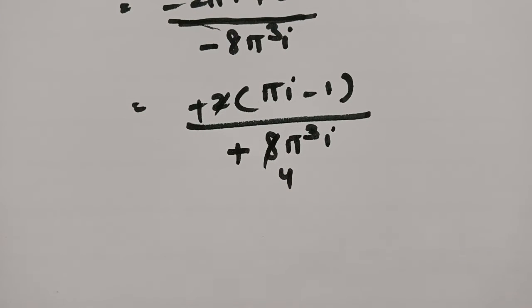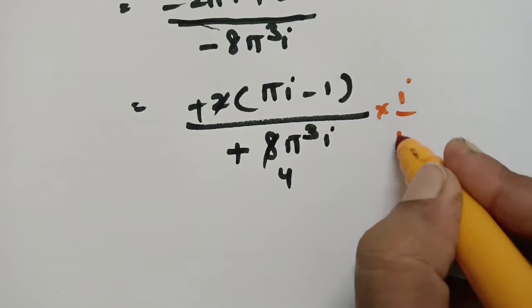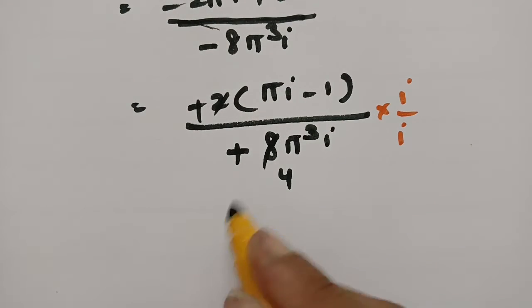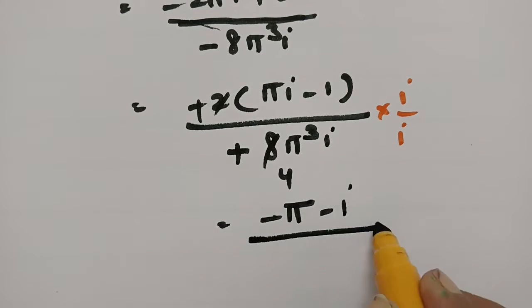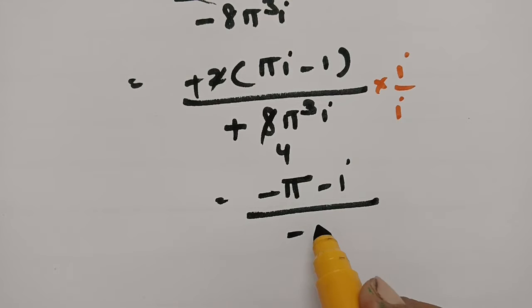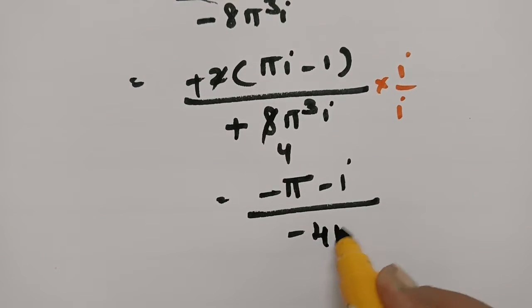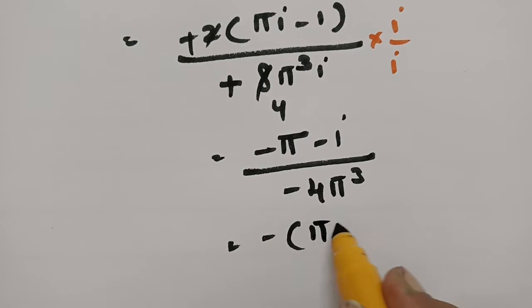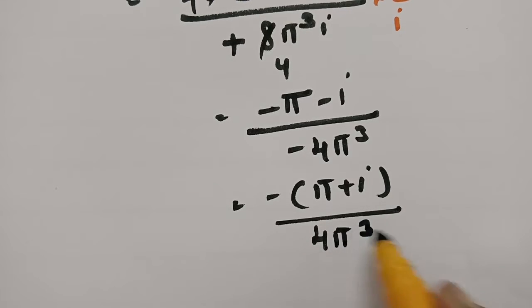And later if I multiply with I in the numerator as well as denominator, this will be I square. So the value here will be minus pi I, and down this is minus I square, which is minus 1, and this is 4 pi cube. If I take minus common, this will be pi plus I by 4 pi cube.